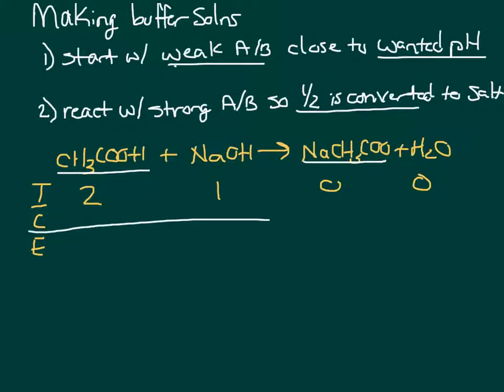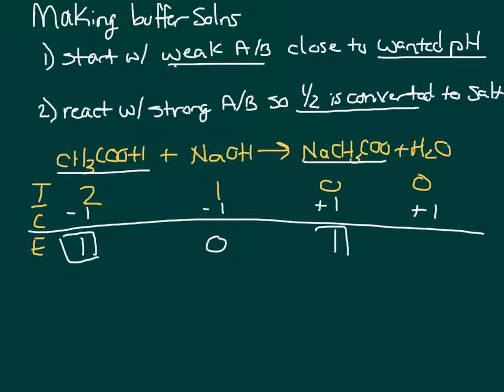Therefore, if we have a grand total of 2 moles of our weak acid being used, half of it needs to go to a salt. Therefore, we are going to change everything by half the original amount, which is 1. Therefore, we have an equal number of our salt and our weak acid. The same thing could be done for a weak base with a strong acid.